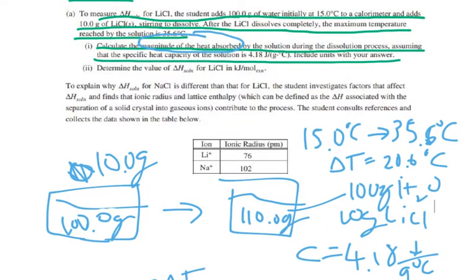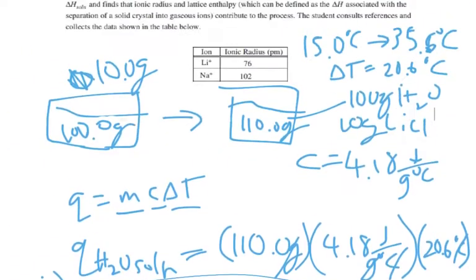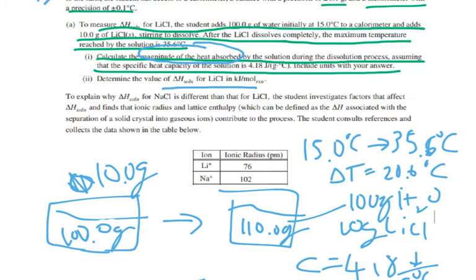So 2A2 says, calculate the value of delta H of solution for lithium chloride in kilojoules per mole of reaction. So now we have to find the amount of heat that is released by the reaction in kilojoules per mole of reaction, so for 1 mole of lithium chloride. So how many moles of lithium chloride did we add to the solution?